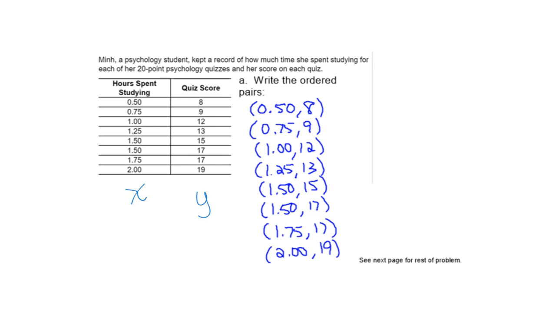The quiz score is going to be our y. And this is how we would write each ordered pair. So we would have 0.50, comma 8. That's from the first row. Then we would have 0.75, comma 9, and so on. And we would plot these so that we could see if there's any pattern with that.